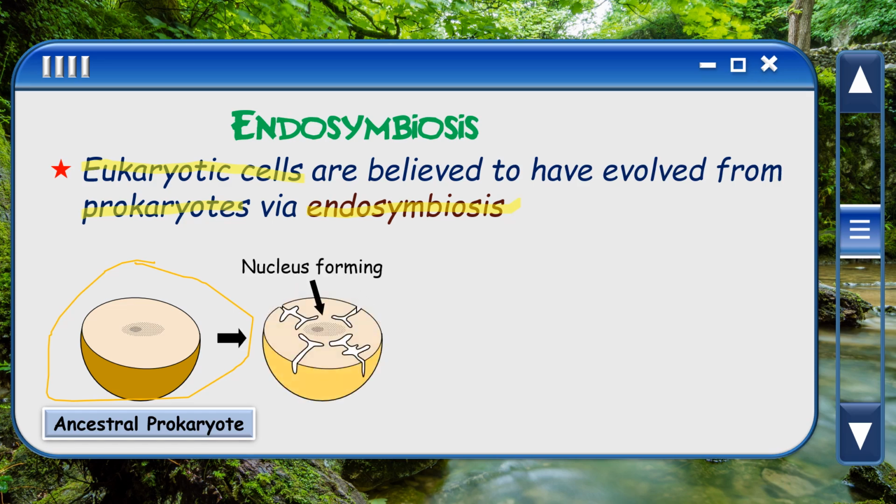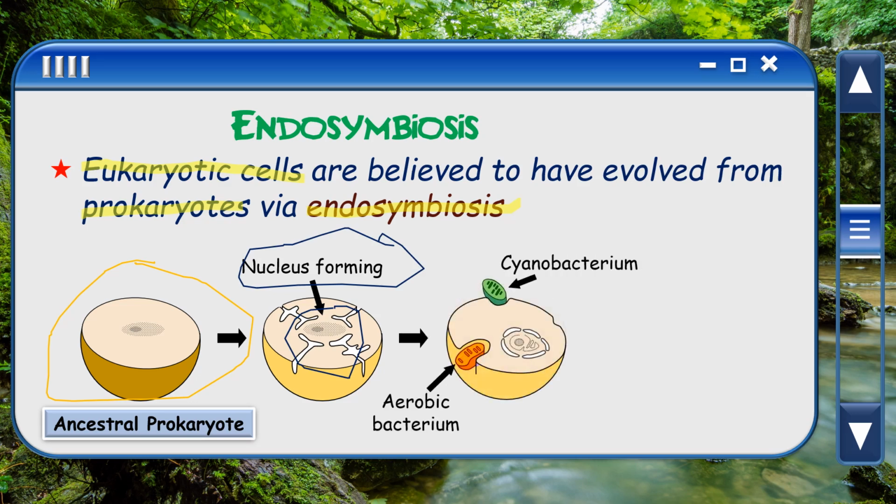Now, that cell started forming what we call the nucleus. The nucleus started forming in the cell, slowly. Then microorganisms, for example the aerobic bacterium, came in and entered the ancestral prokaryote cell. And the cyanobacteria also entered the ancestral prokaryotic cell.